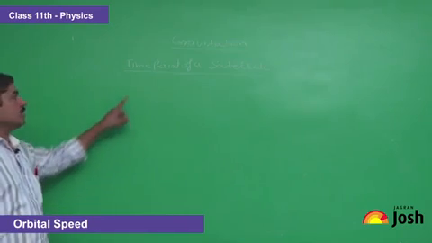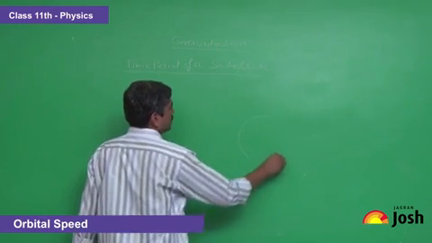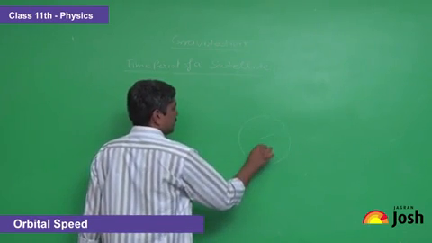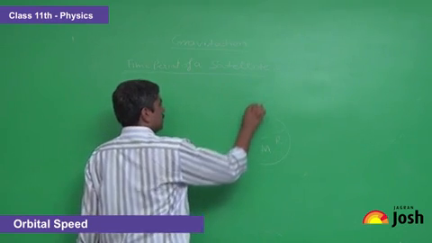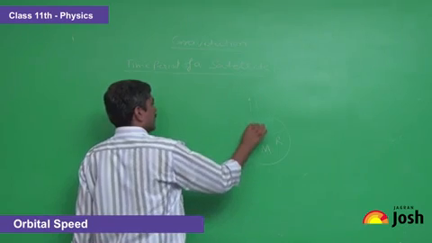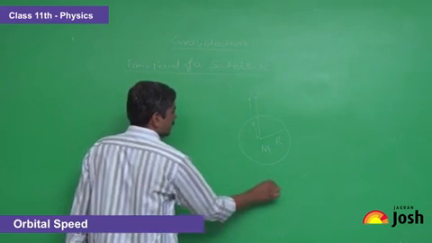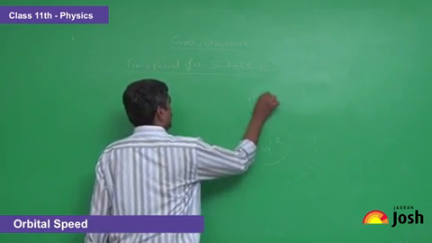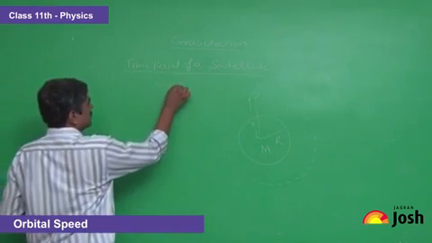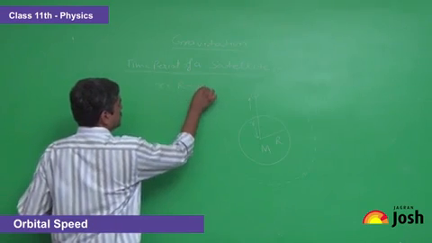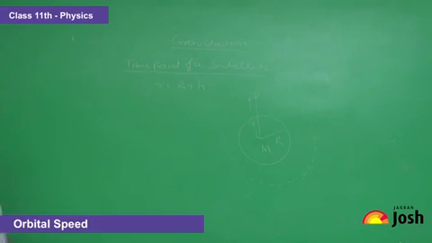We will discuss the time period of a satellite revolving around a planet or the earth. Suppose there is a planet of mass M and radius R. At a distance r from the center of the planet, a satellite is revolving around the planet in a circular orbit, where small r is given as capital R plus h, where capital R is the radius of the earth or planet.